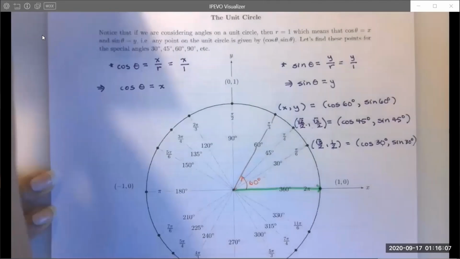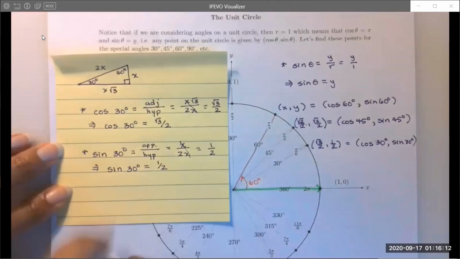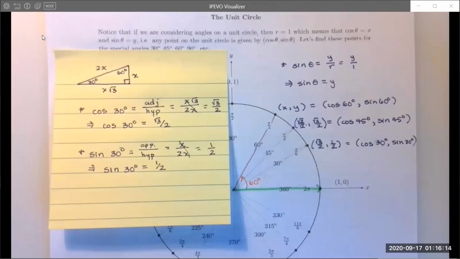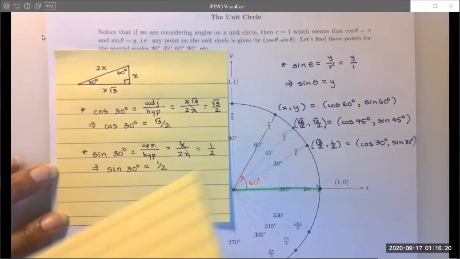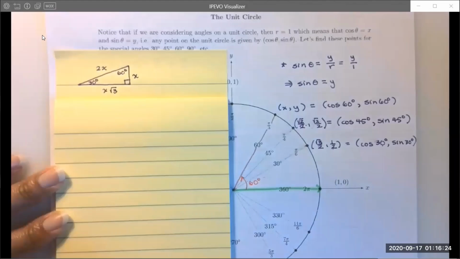Even though we used this first sticky note to help us find cosine of 30 and sine of 30, I'm just going to use the same diagram to help me find out what the cosine of 60 and sine of 60 are now going to be.